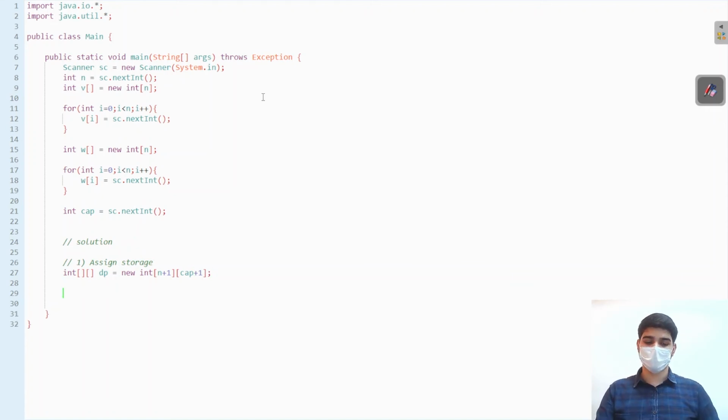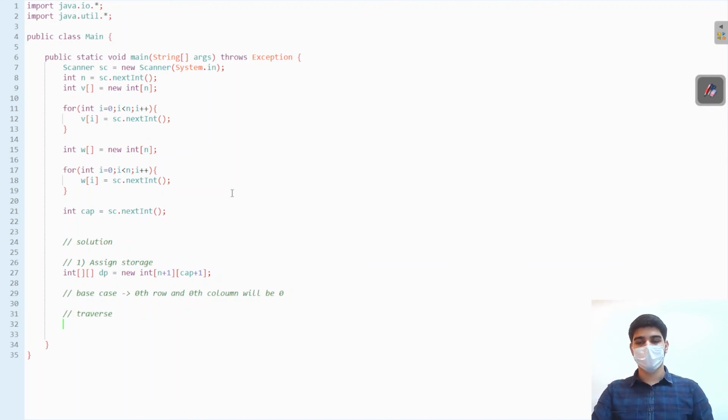Now, what was my base case? My base case was that my 0th row and 0th column will be 0. Now, as the default value in Java for all the integer spaces in the array is 0, we don't need to initialize that. So we can move forward and we can traverse. How do we traverse?